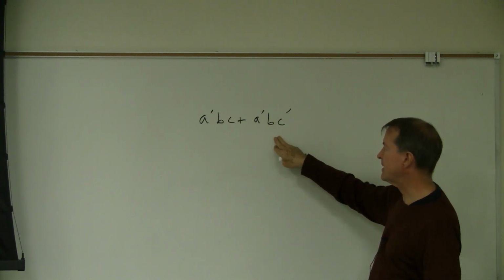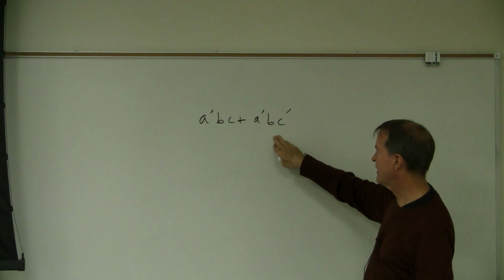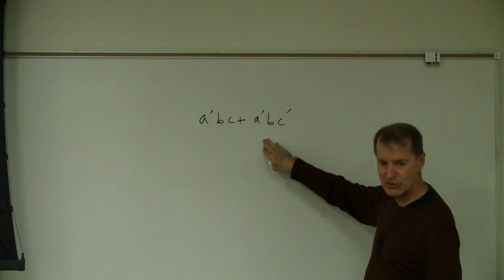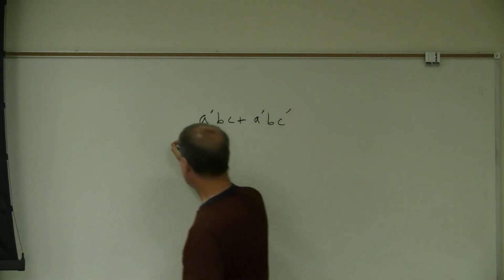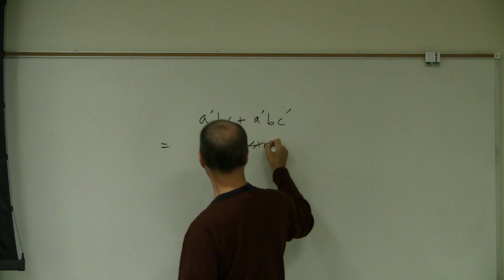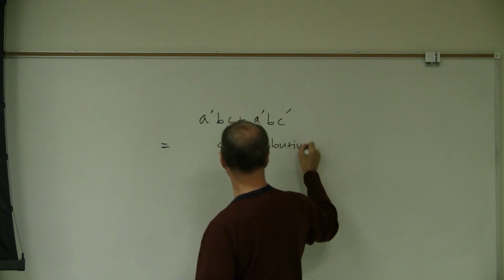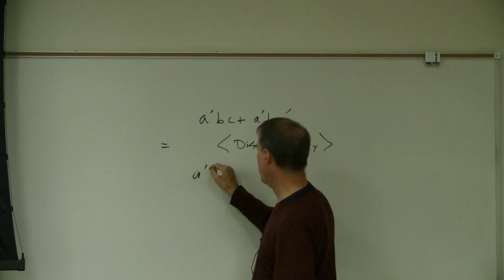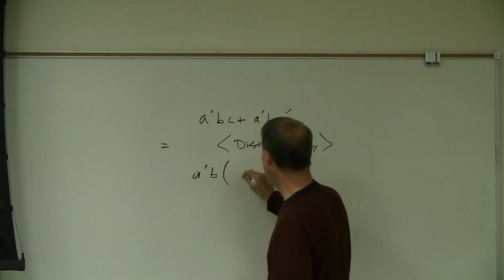Do you see an interesting algebraic manipulation? You can distribute out the A prime B. Yes, we can use distributivity. So this equals, by distributivity, A prime B, and then what do we have?